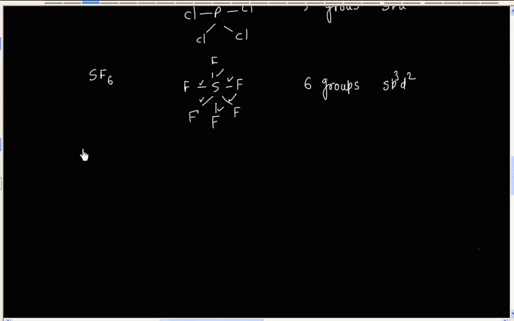Now let us say I have IF7. This time iodine has 7 groups. Hybridization will be sp3d3.